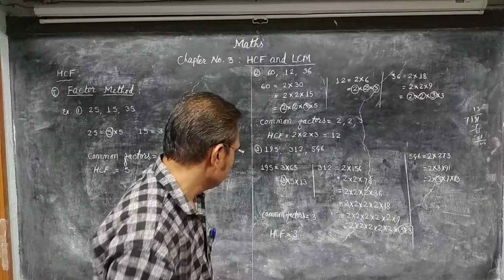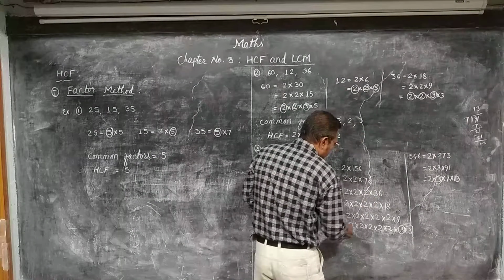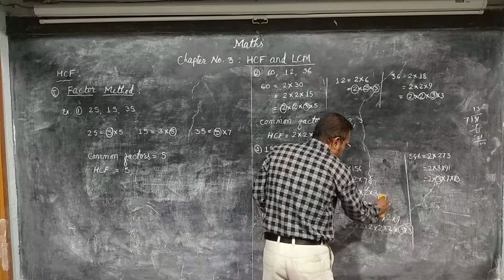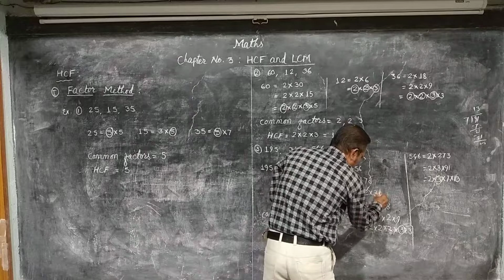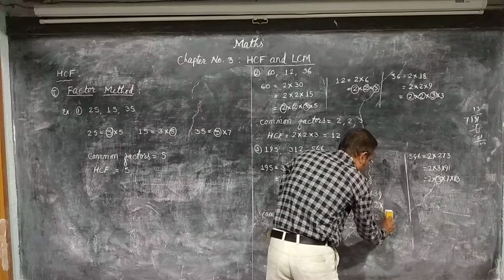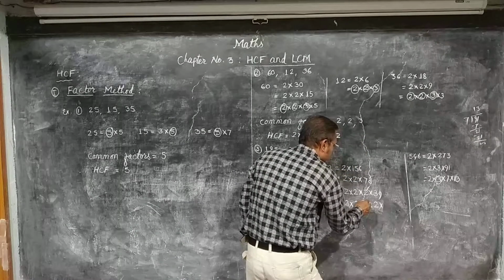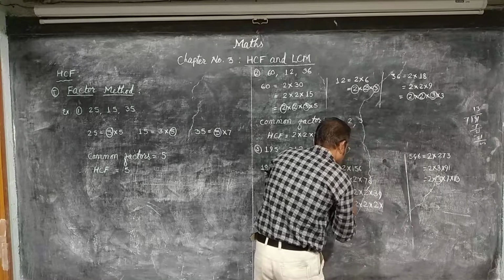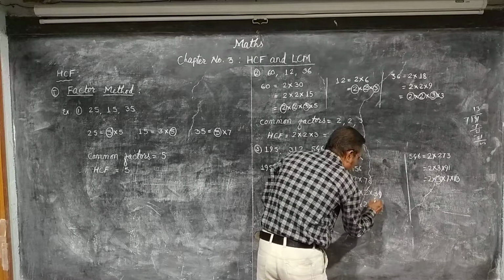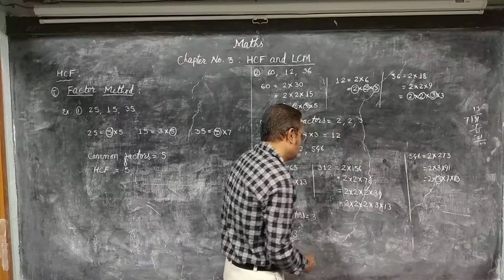Sorry, there is one mistake. 2 3s are 6, carry 1, 2 9s are 18. Therefore, here 3 1s are 3, 3 3s are 9.